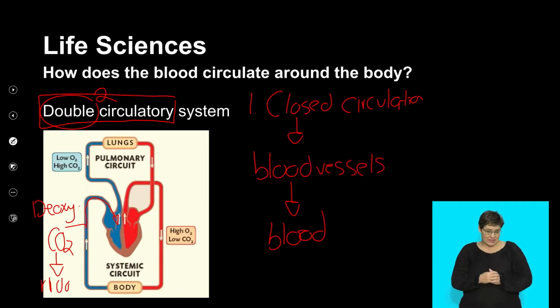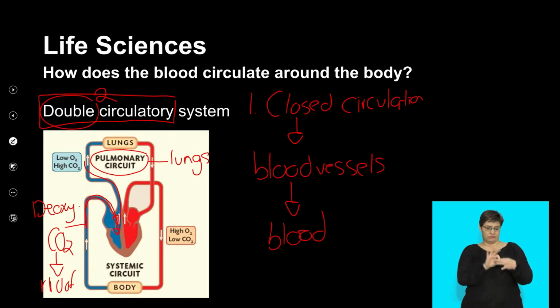So it comes to the heart, and the heart has to pump it out to where? The lungs. That's what pulmonary means. Pulmonary is the word we use for any kind of lung connotation. So from the heart it goes to the lungs.